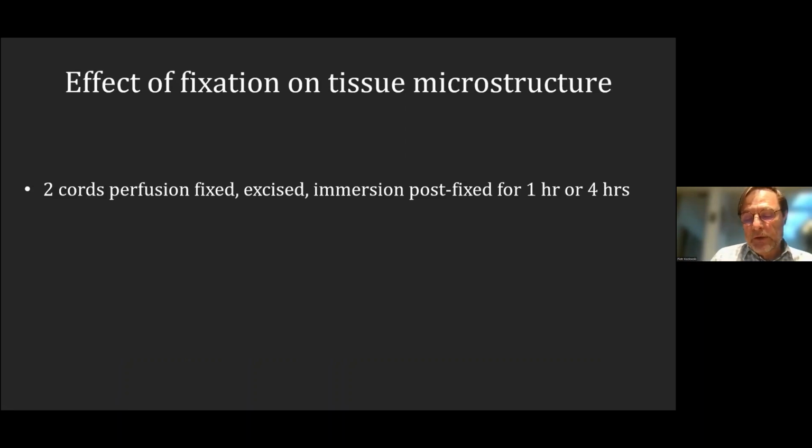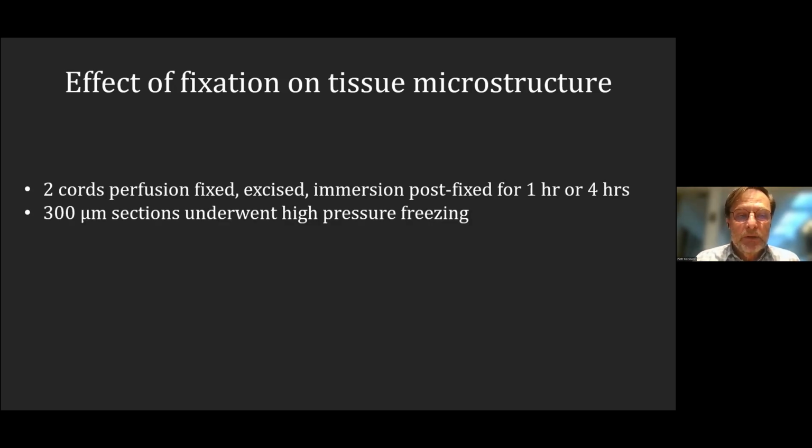So we did a very quick and preliminary experiment where we used two cords, perfusion fixed, and one cord was immersion post-fixed for 1 hour and the other one for 4 hours. Then we took a 300 micron section and they underwent high pressure freezing.